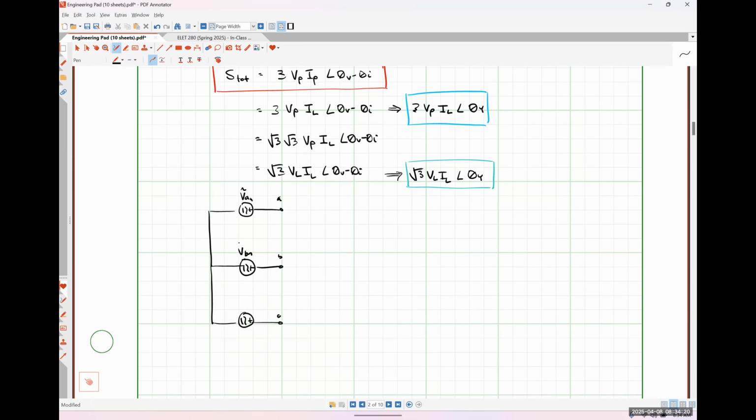So here's VBN, here's VCN. Here's my impedance ZW. ZW.